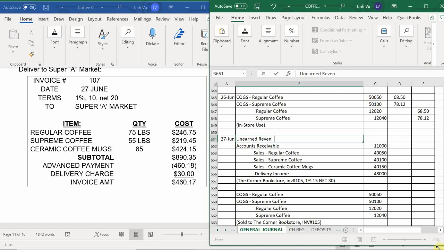We're redeeming it, applying it to the invoice. We don't owe them service anymore because we've completed it. I'm done. I've earned my revenue. So I need to zero out my liability by debiting that account. And what's that account number?